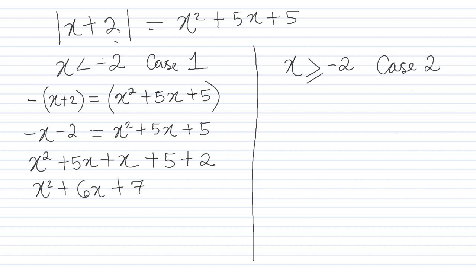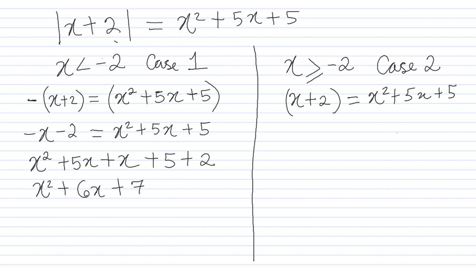And now you can try the exact same situation for the right side of the equation. So what you end up with is just x plus 2. Because we're dealing with a situation where whatever is in the absolute value is going to be positive in this case, we don't have to put a negative up front. So you have x plus 2 equals x squared plus 5x plus 5.